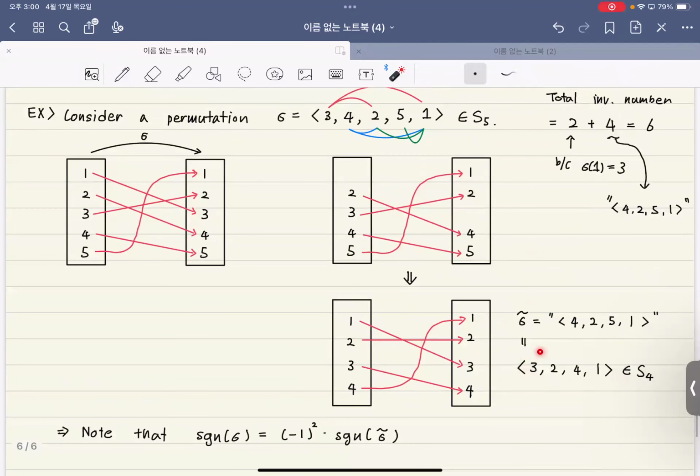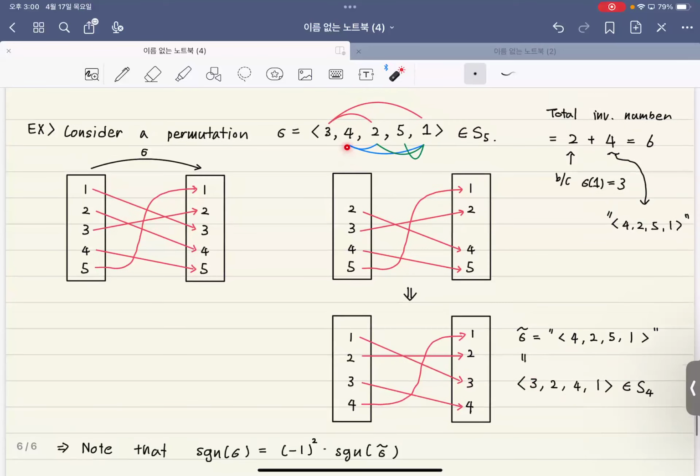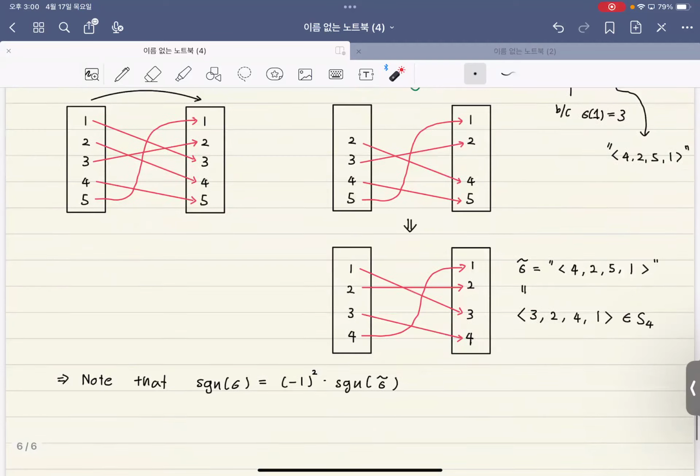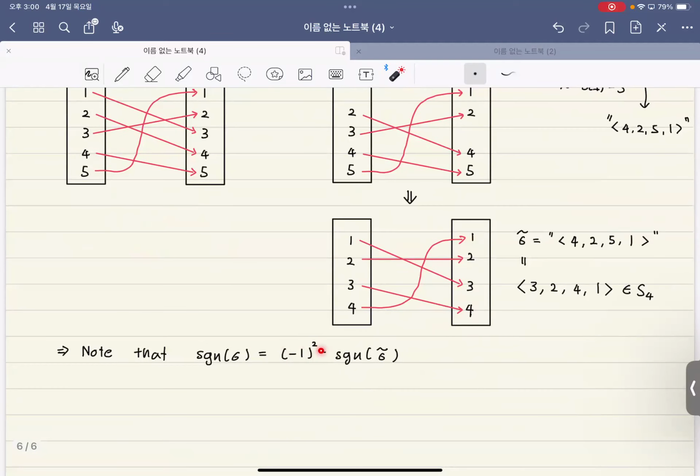Because the number of inversions you can find here is the same as the number of inversions of this, and I have two inversions on the top, so (-1) squared times the sign of sigma tilde.